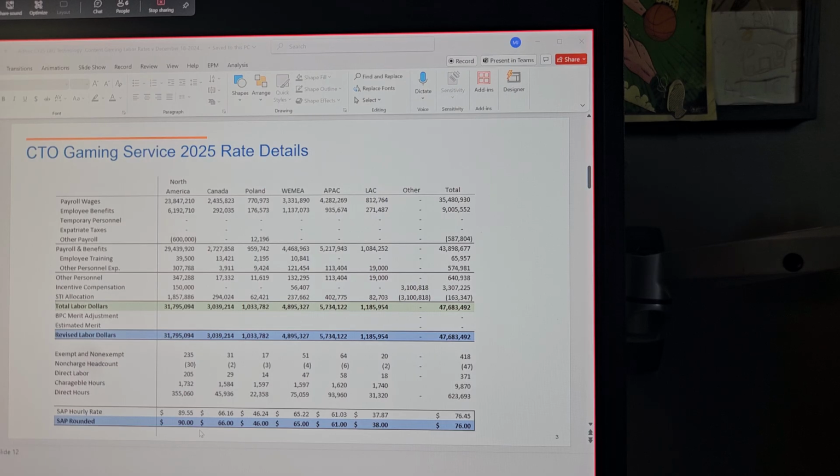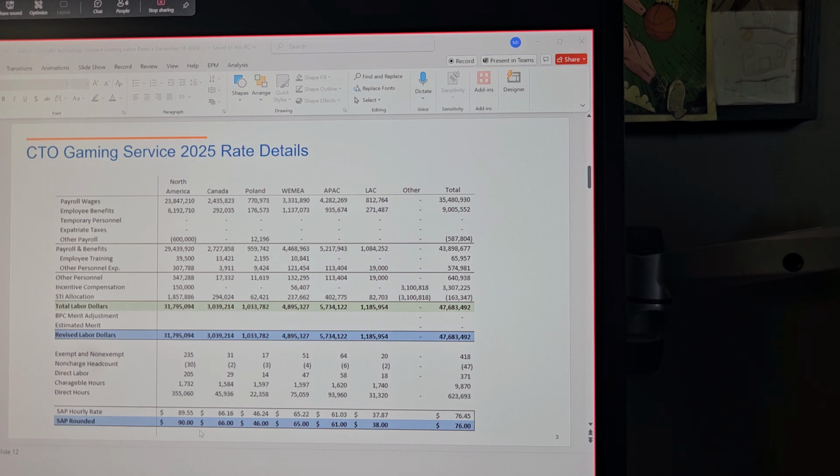If you take 31,795 and subtract the 23,847 from it, you're looking at a difference of 33%. So if you're only adding 20%, we're adding 33. That's a big chunk as well. So you're saying your overhead is about 33%? Where are you seeing that number?